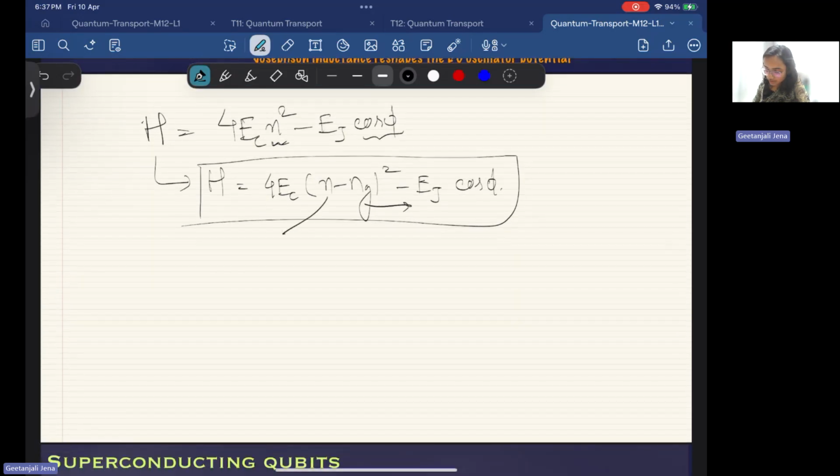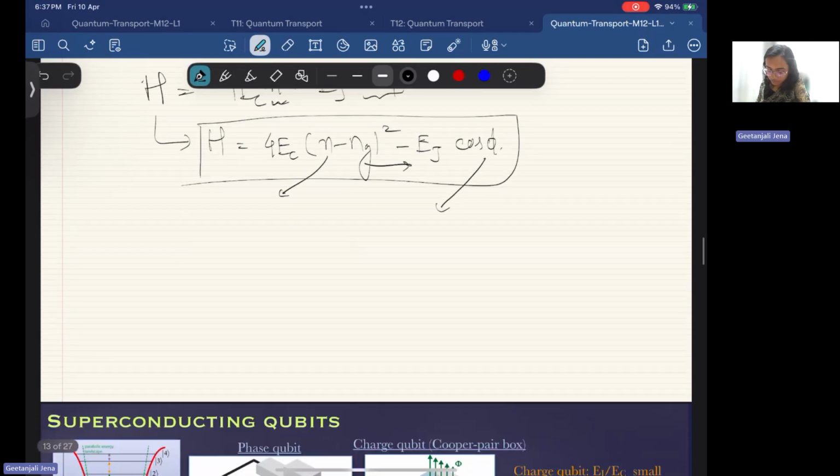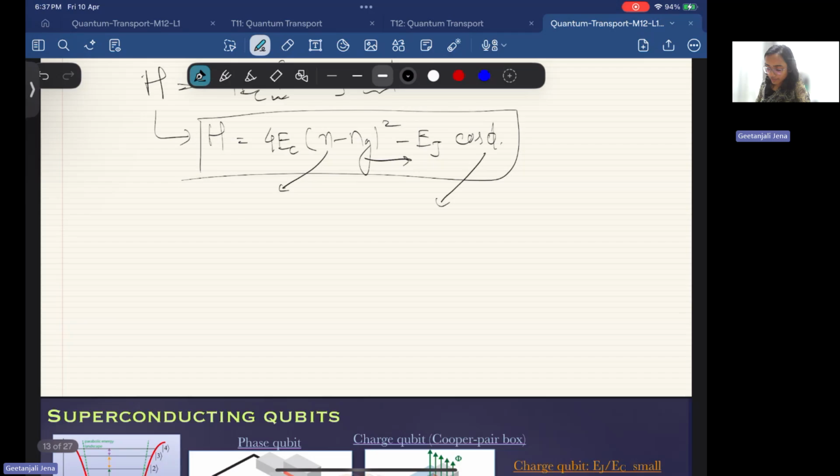And n is the number of Cooper pairs tunneling across the junction. And φ is the flux difference between the two sides of the junction. So based on this, we have two types of superconducting qubits.